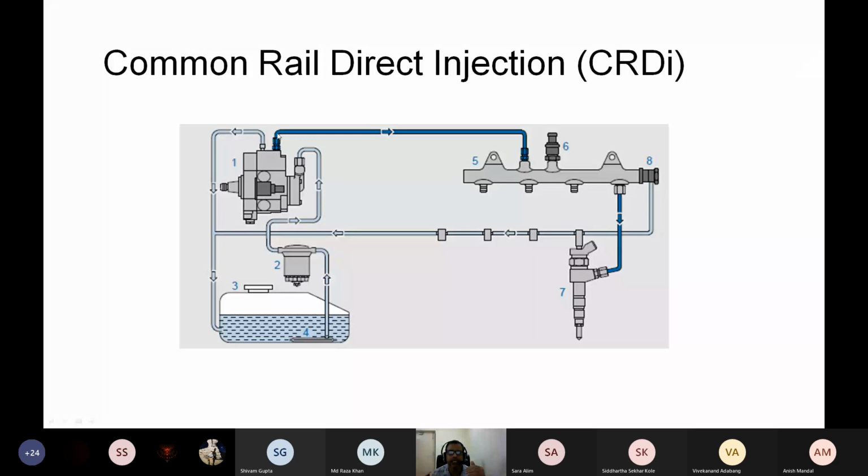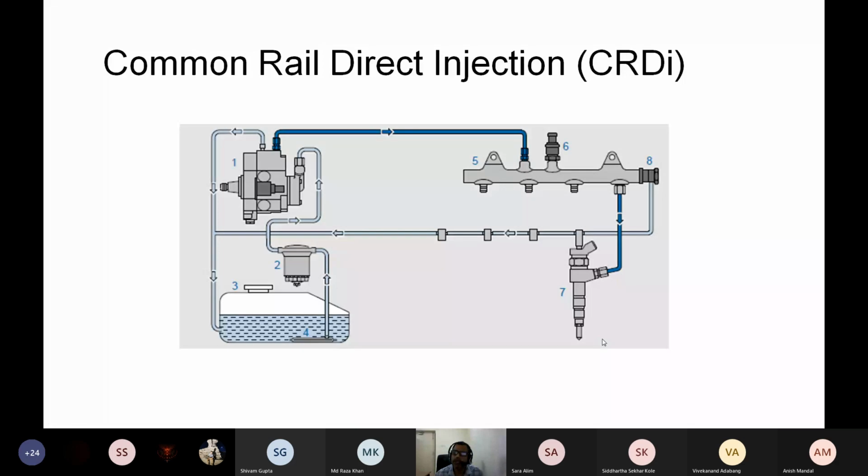So the fuel is not pressurized to the max, and in that way we can control the fuel injection pressure in the pump itself. The pump is not required to run always at the maximum value, but is only going to compress the fuel as required.